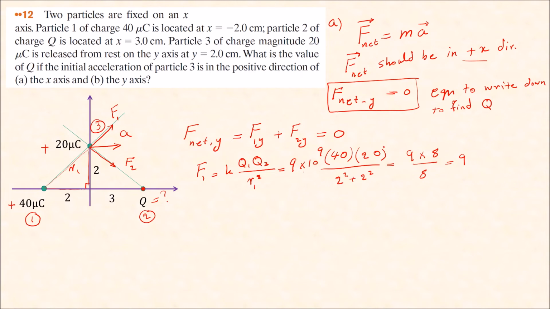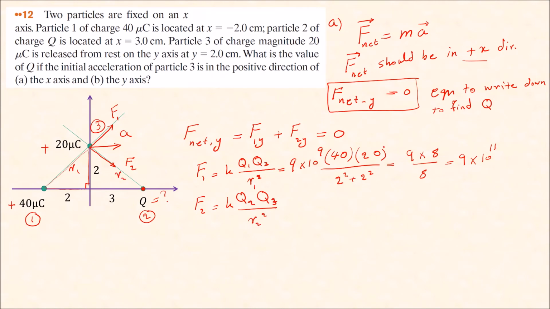All right, this will be in a weird unit, 9, but when the charges are in microcoulomb, this will give you 9 times 10 to the 11. And then F2 will be K Q2 Q3, because it is on 3, divided by R2 squared.